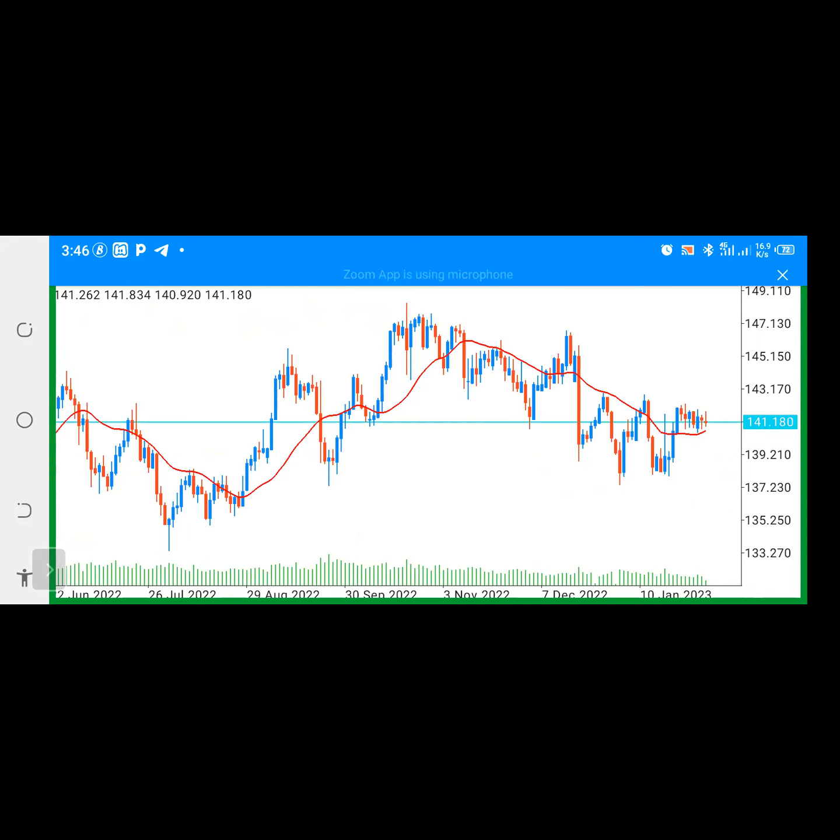I want to establish the trend. So who can tell me, is this market trending up, trending down, ranging, or is it choppy? Today, you think it's trending up, trending down, or moving sideways?